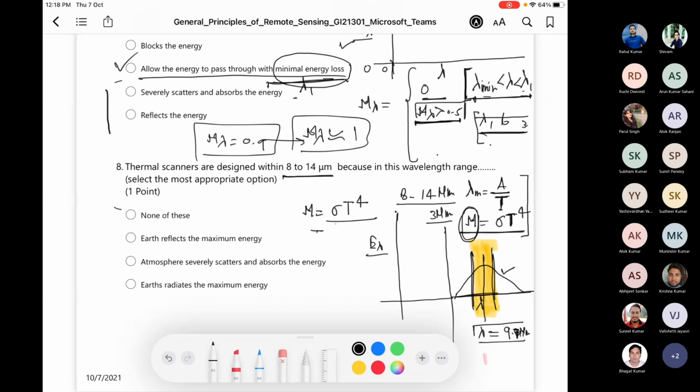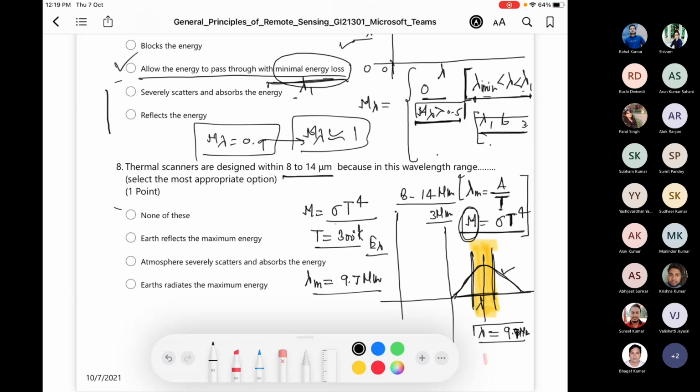In case of the Earth surface, we consider an average temperature of 300 degree Kelvin. When we apply this second formula, we get lambda is equal to 9.7 micrometer. And finally, we get this curve.